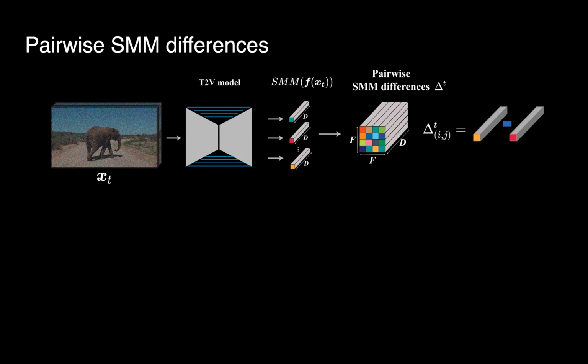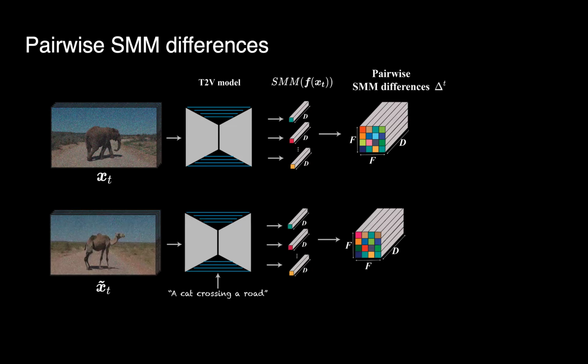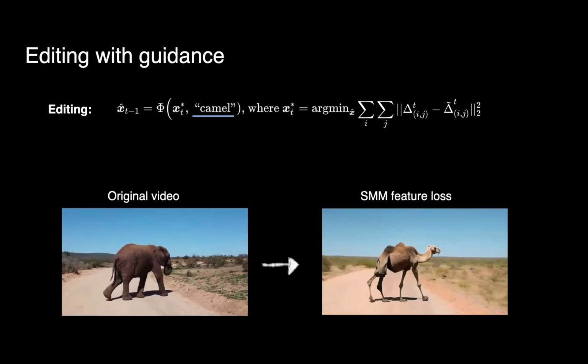So we encode all the pairwise differences between those features, and we're trying to match only the differences rather than the actual features themselves. So again, during the generation process of the edited video, we are using guidance with the goal to match those pairwise differences between the SMM features. And if we do that, now we get a nice looking camel that is in sync with the original video, as you can see here.